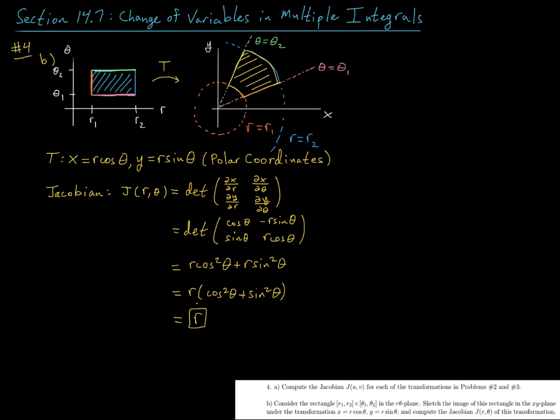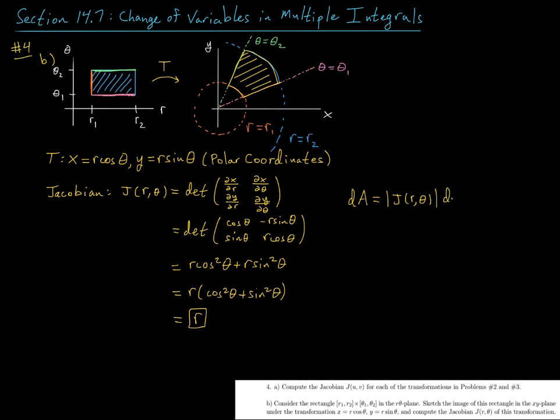Okay, so what does this imply? Well, remember, the Jacobian here is this area distortion factor, and it's telling us that the differential area element in the xy plane is equal to this Jacobian, well, technically the absolute value of it, times the area element over here, in this case in the r theta plane.